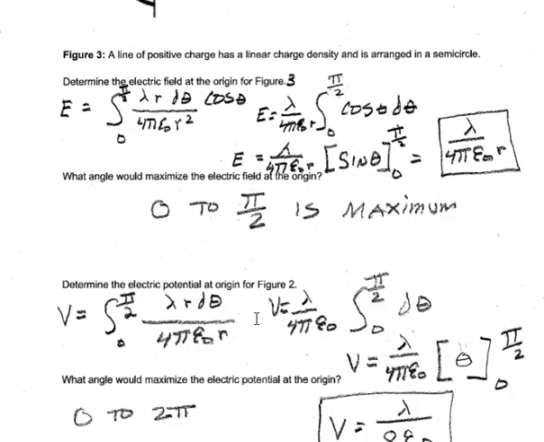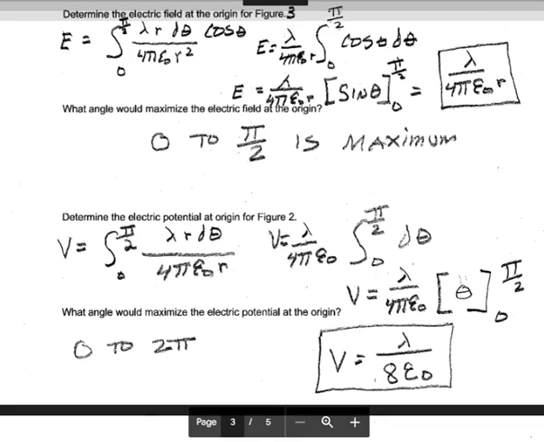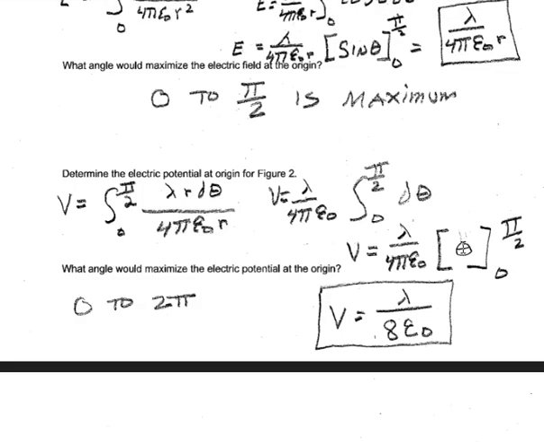Therefore, we don't have a cosine theta there. So all of our constants are out here, and we're integrating just d theta. Now, of course, the integral of d theta just becomes theta, from 0 to pi over 2. So I'm just going to put pi over 2 in for theta, then subtract 0. Putting pi over 2 volts is lambda over 8 epsilon naught.